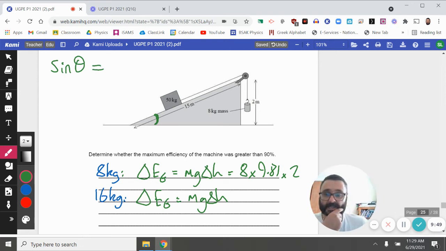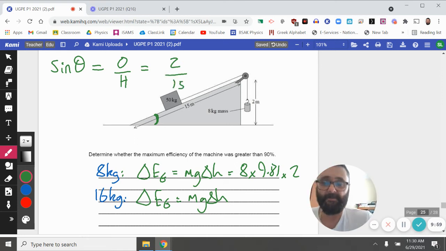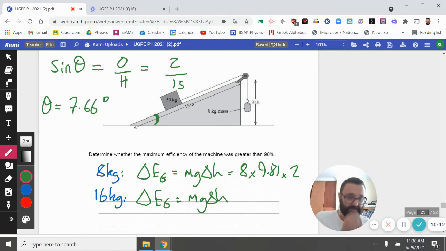Sine theta is opposite over hypotenuse. The opposite in this case is 2 meters, the hypotenuse is 15. So sine theta is 2 over 15. Theta, the angle of incline, is 7.66 degrees. So that's going to come in useful.